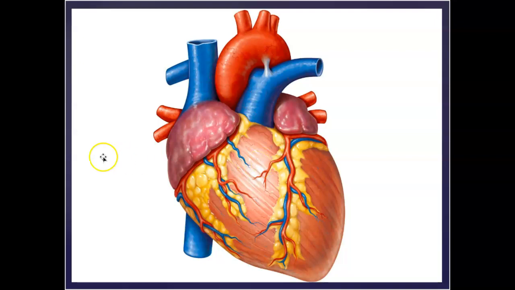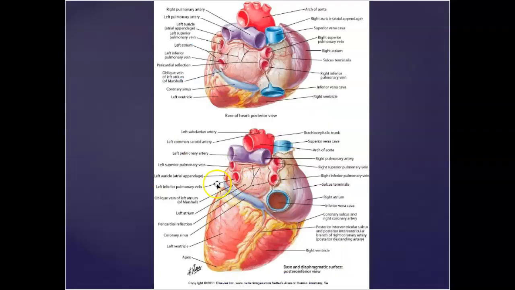So all the cardiac veins, let's start with the big one in the back here. All the cardiac veins come in to what's called the coronary sinus. They all flow into this coronary sinus before they then enter back into the heart.